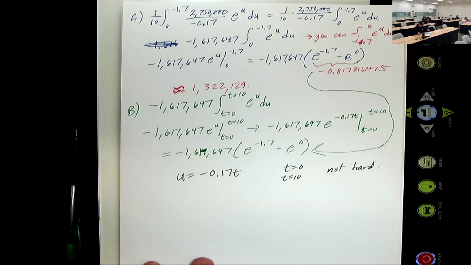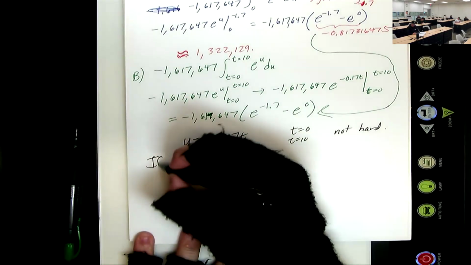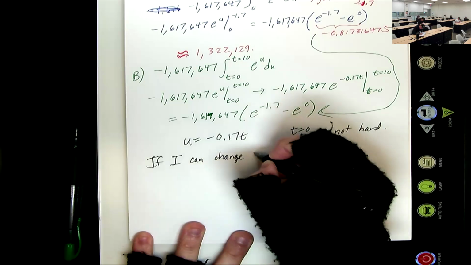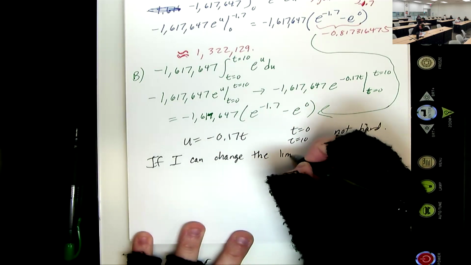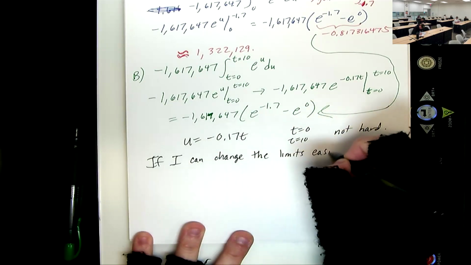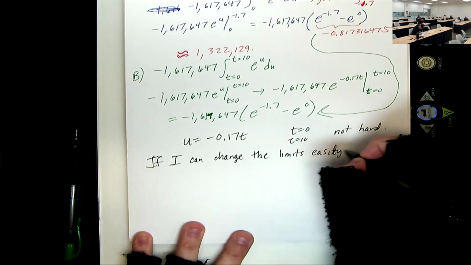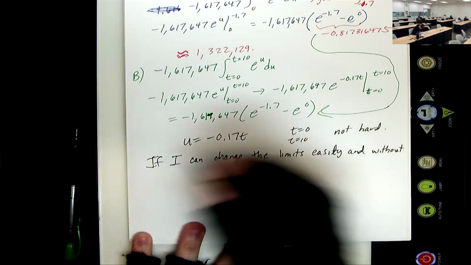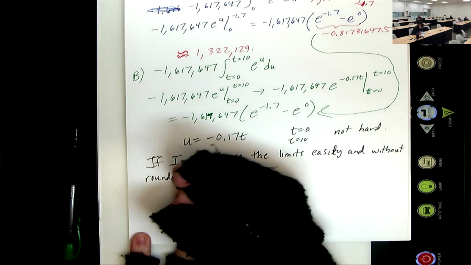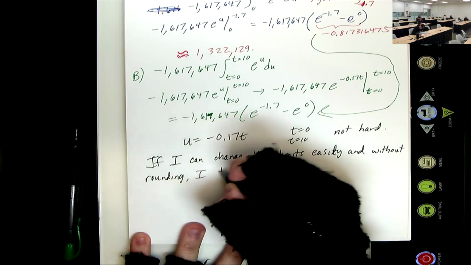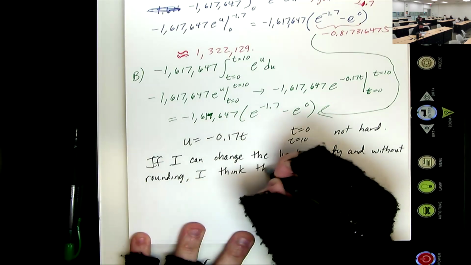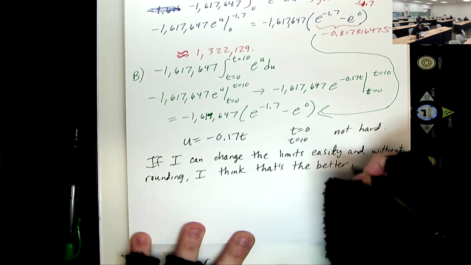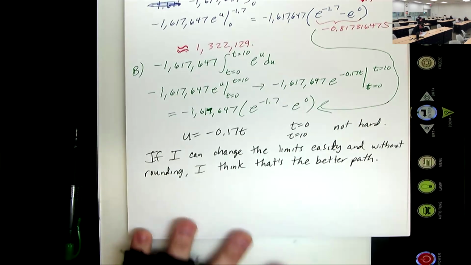But if I can change limits easily, and without rounding, I think that's the better path, for one simple reason.